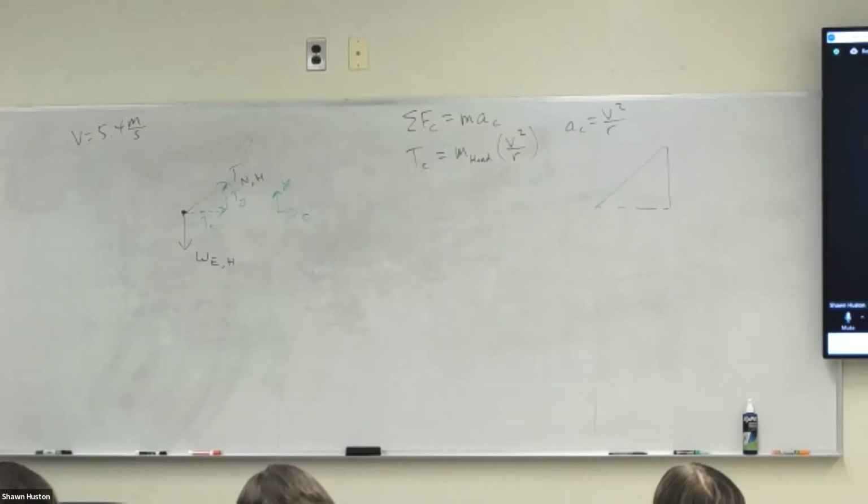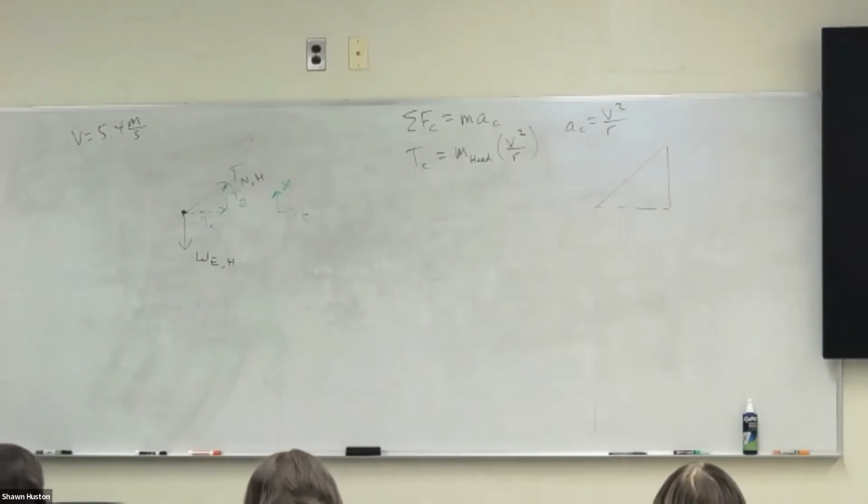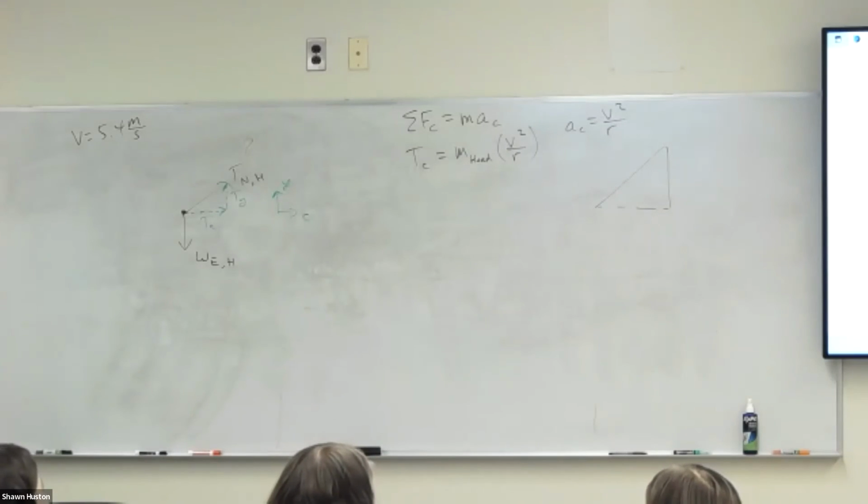Anybody know the mass of a human head? 10 pounds? Are you serious? No? Okay. Does anybody know the mass of a human head? Any thoughts? Don't Google it, because then the FBI will know that you've been looking up the mass of a human head. So let's see.